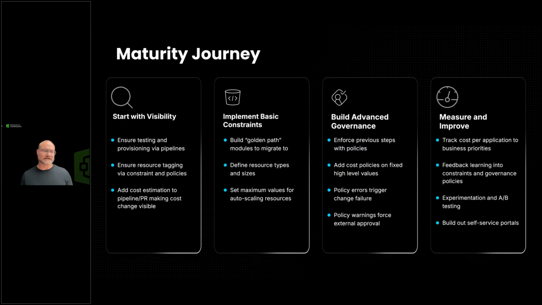Ensure resources are tagged and categorized adequately so that we can then start to build out those cost reports, make those available to the teams, or integrate with the plethora of third-party solutions that are out there. We also push that you add cost estimation to your pipeline PR, making that cost change visible.